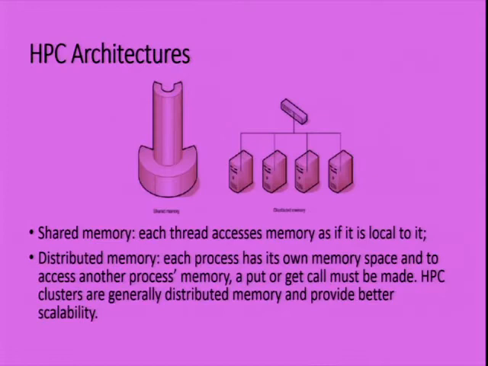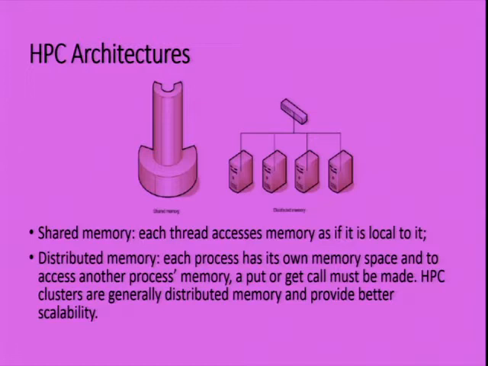So there are two types of high performance computing architectures. One is shared memory. The shared memory model is where each thread has access to memory as if it is local to it. So when you're writing your program, you access a variable. You don't have to do anything exotic to access that variable or that memory space. The other is the distributed memory model, where each process has its own memory space.